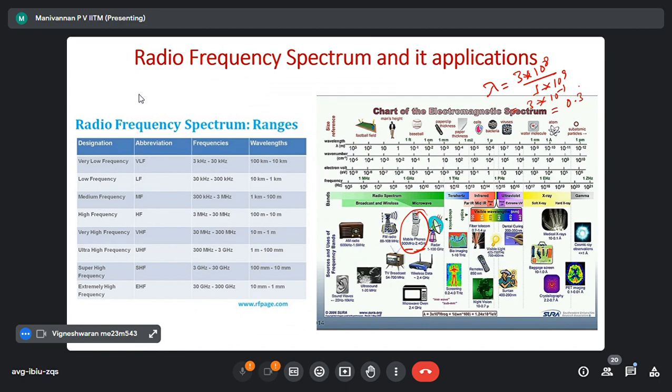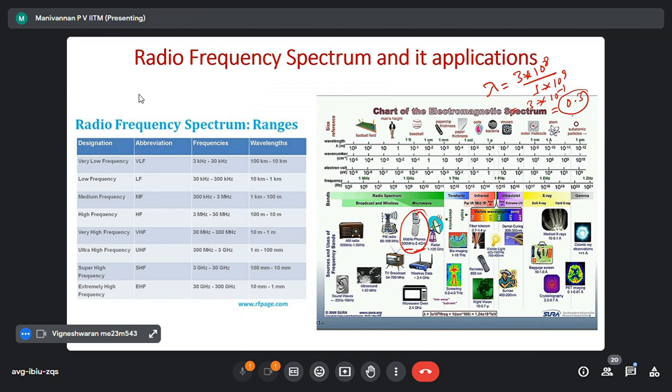But most of the time we transmit around 2-3 gigahertz also, so this will become smaller. That's why inside your cell phone you have a smaller antenna. I said that 10 times smaller is sufficient for receiving.